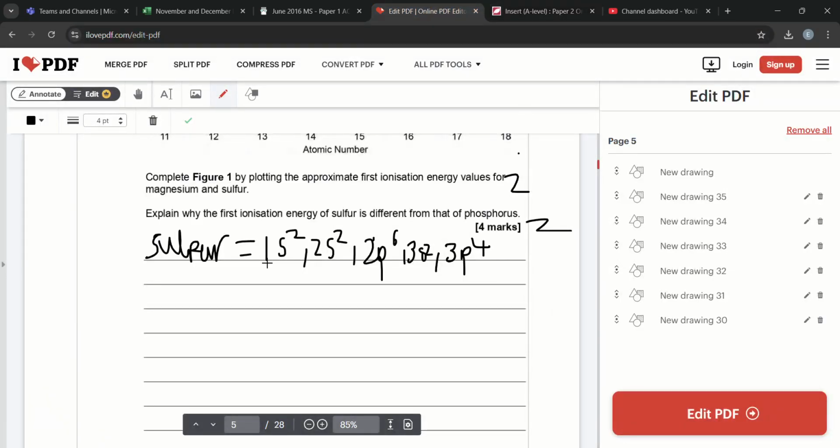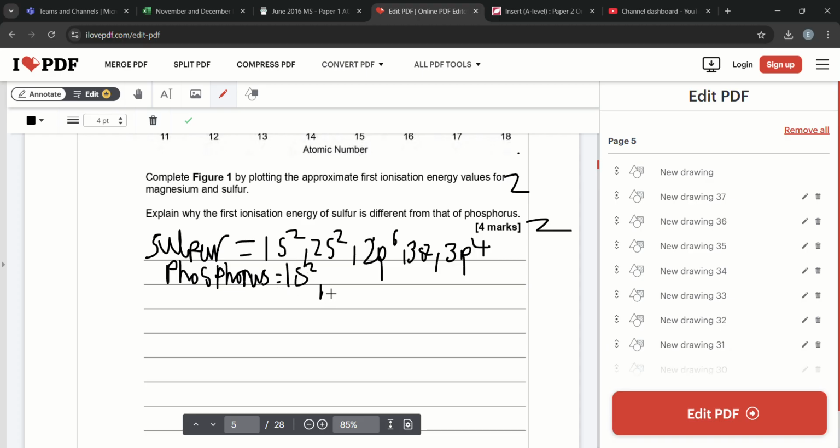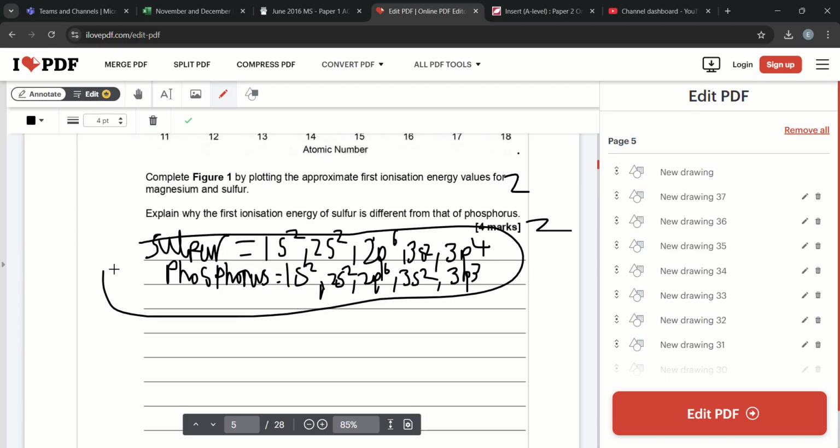So phosphorus is going to be 1s2, 2s2, 2p6, 3s2, 15, so just one less, 3p3.